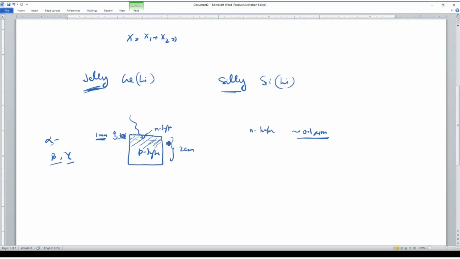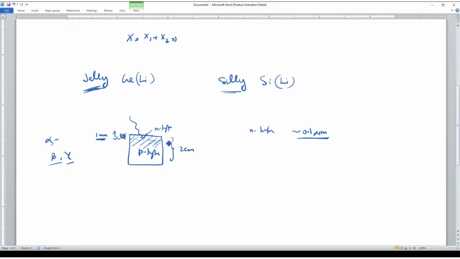So what are the advantages of a solid state detector? They are more efficient and highly sensitive, means sensitivity is very high, and more dense and compact. Your density is also higher with respect to gas or liquid, so denser and compact. And linearity is good over a wide range.